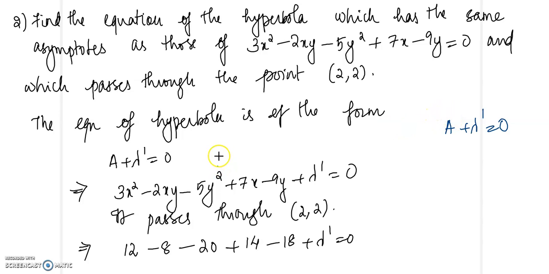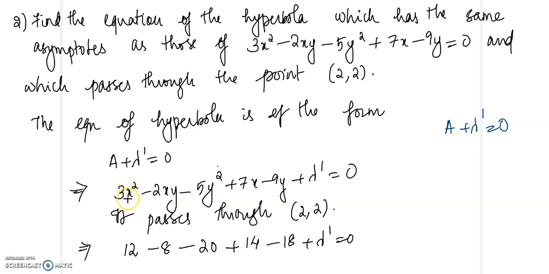So the equation of hyperbola will be of the form A plus lambda dash equal to 0. So that will be 3x square minus 2xy minus 5y square plus 7x minus 9y plus lambda dash equal to 0. Now substitute x equal to 2 and y equal to 2.